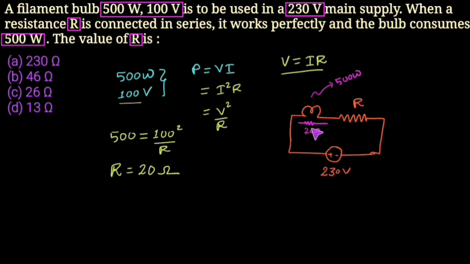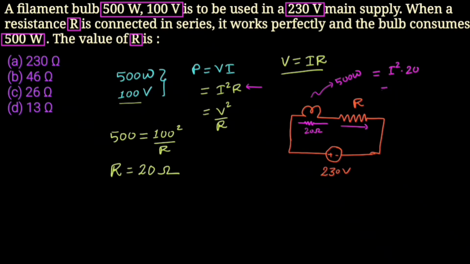Here we know that the power consumed is 500 watt and the value of resistance is 20 ohm. So we can easily find out the value of current flowing through this bulb, because the same current will be flowing through this R ohm resistor. Applying P equals I square R, 500 watt is equal to I square into 20 ohm.